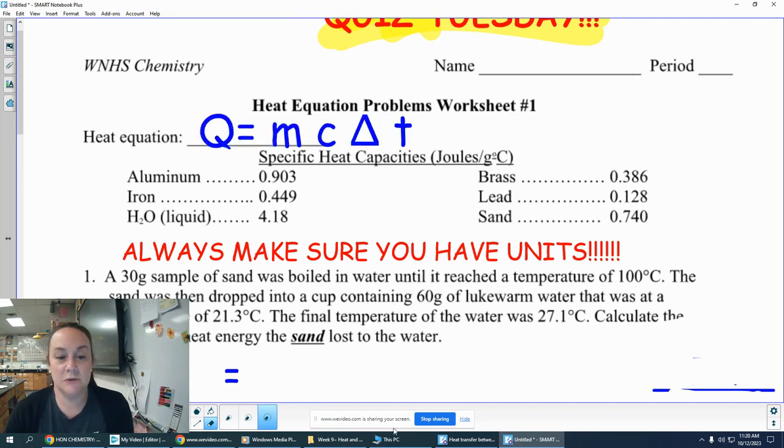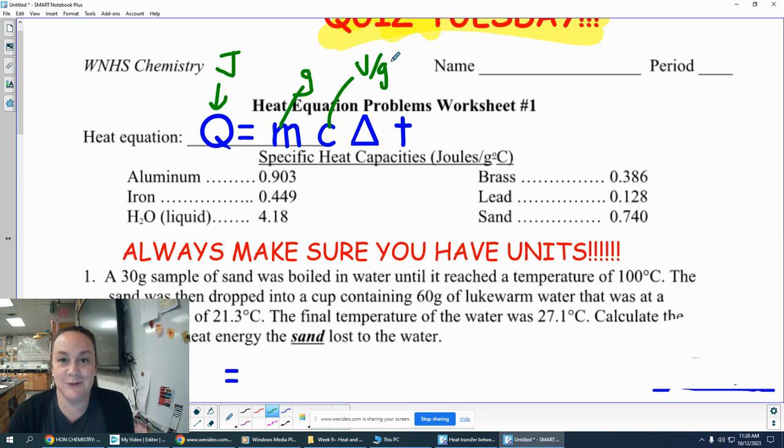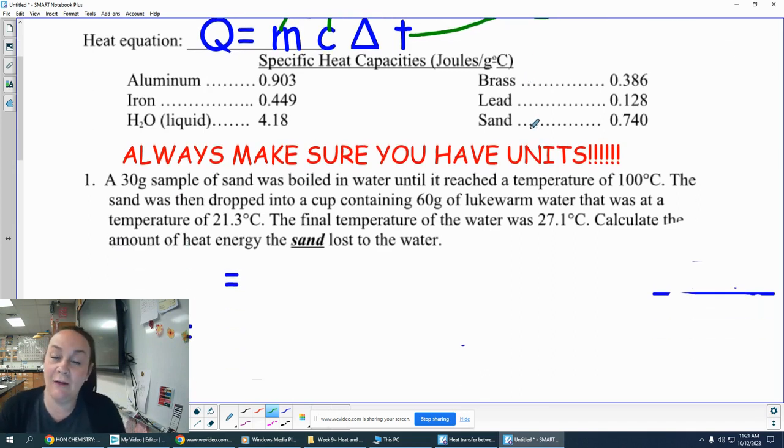All right, so Q is equal to MC delta T. Q is joules. M is grams. C is joules per gram degree Celsius. And delta T is degrees Celsius. So what you really have to do, and this is setting you up for a lab situation, if you are asked a question, and this one, I'm going to jump down to the bottom.